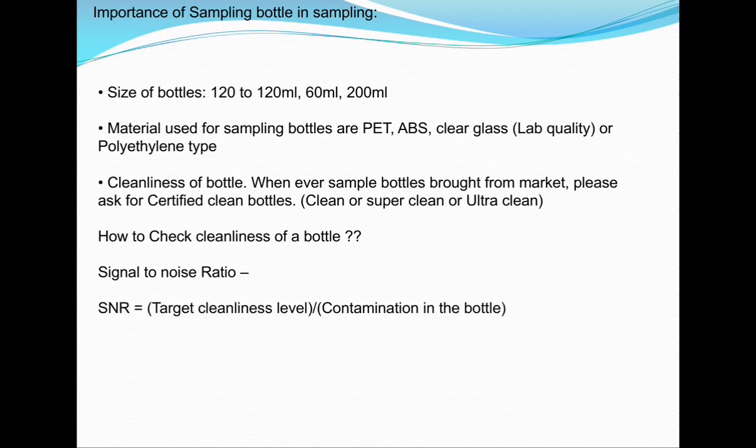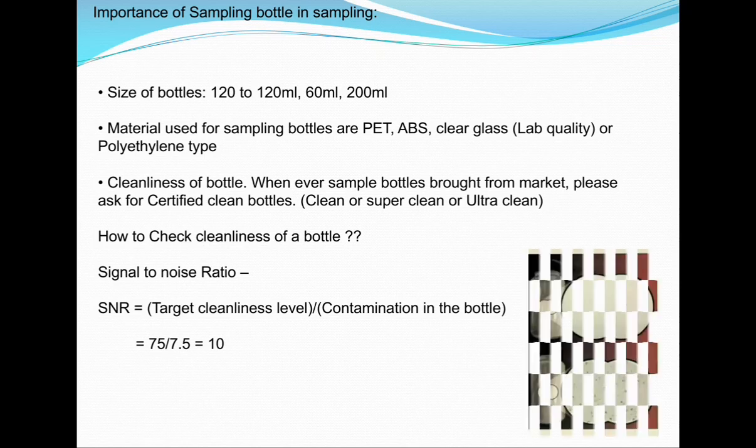This signal to noise ratio is nothing but the ratio of the target cleanliness level, the requirement of cleanliness, divided by the contamination present in the bottle. For example, if the target cleanliness is around 75 and the contamination in the bottle is 7.5, then we can say the SNR, that is signal to noise ratio, is 10.